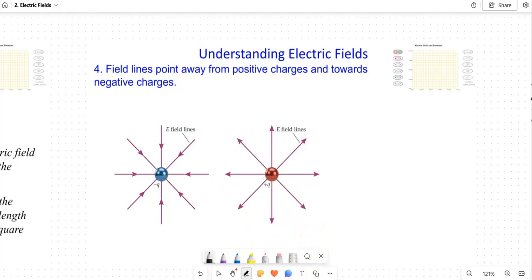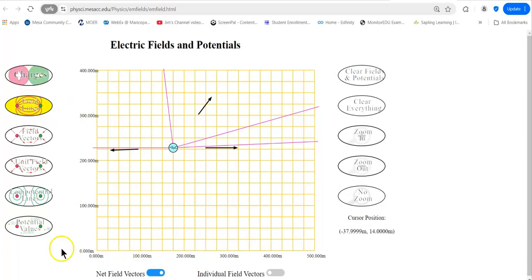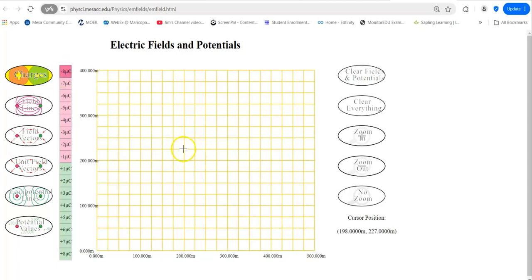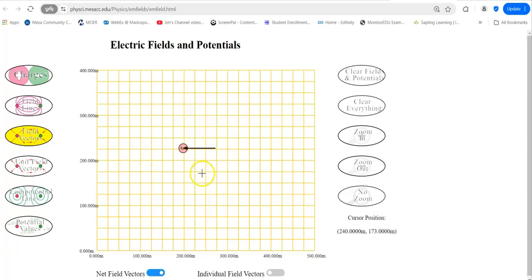So going to our little handy simulation, I'm going to refresh this. I grab a negative 8 charge and I place it right here. Well, the electric field vectors are going to be pointed towards it. So it's 1, 2, 3, okay, in all directions.